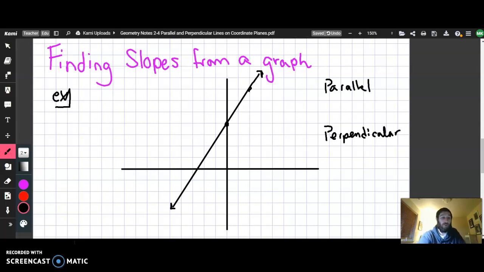The good news is the slope is easy to count on a graph. You're just going over and up. So our change in y is going up 3, and our change in x is going to the right 2.